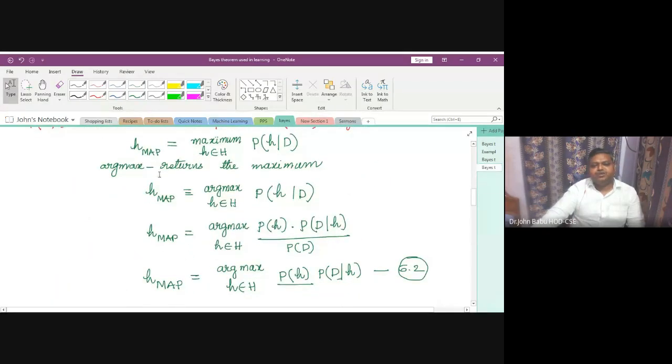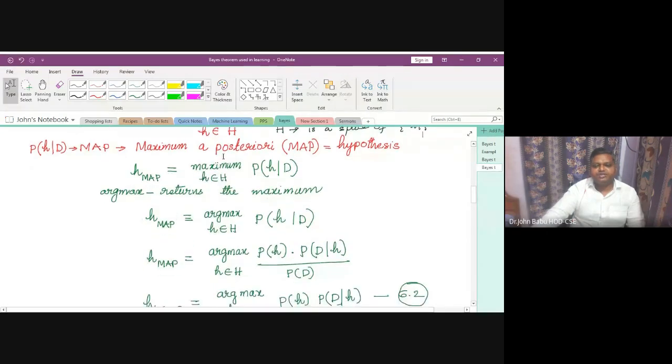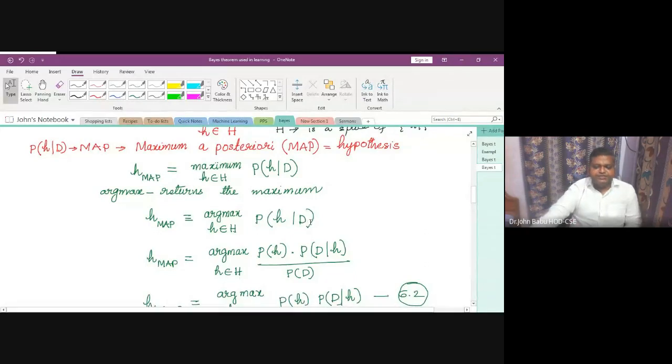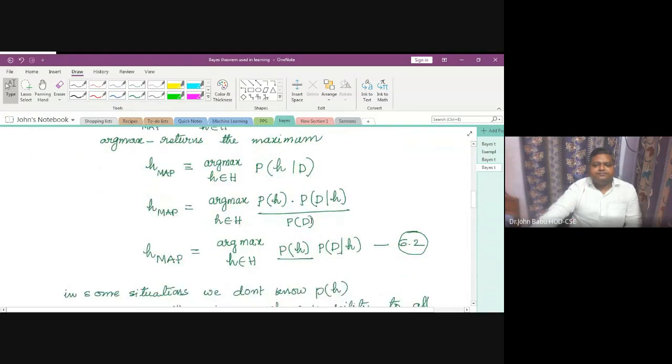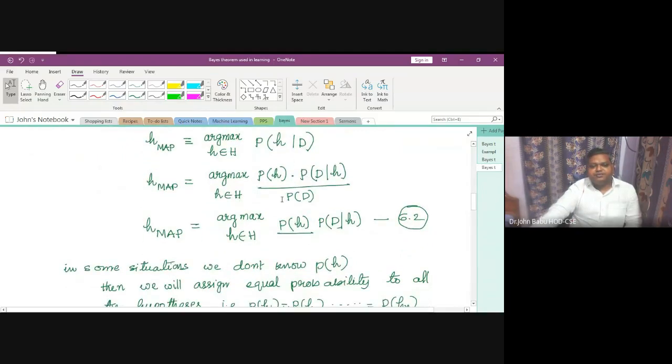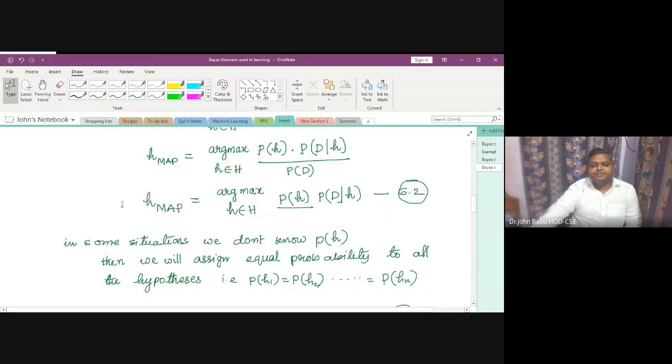So what we have written is the maximum a posteriori hypothesis, H MAP, is the maximum of the probability of H given the data, and then we have substituted the formula, and because P(D) is independent of the hypothesis, it has nothing to do with the hypothesis, we write the maximum a posteriori hypothesis as the maximum of P(D given H) into P(H).